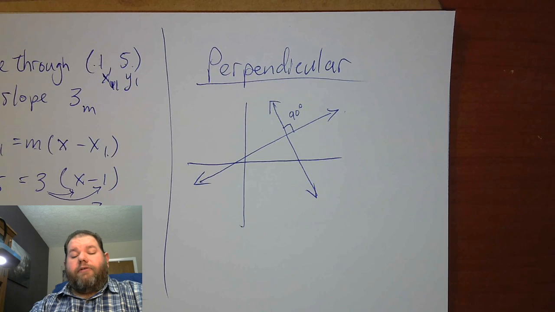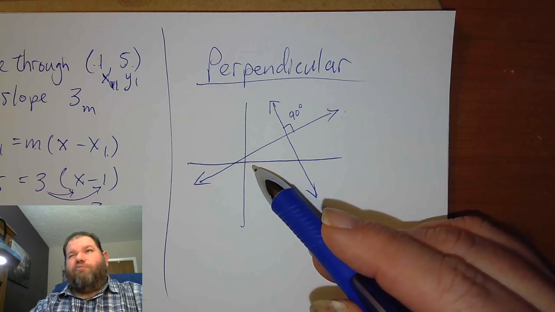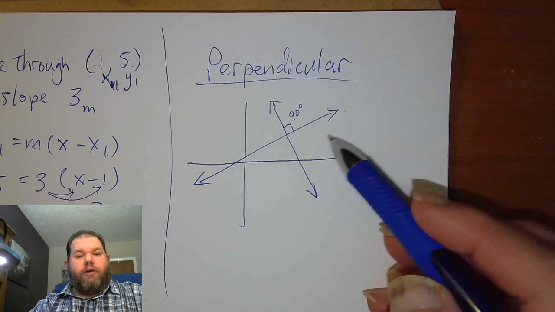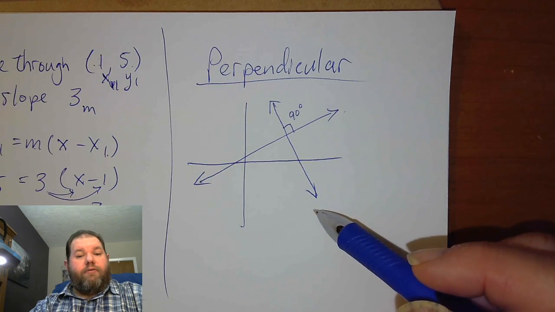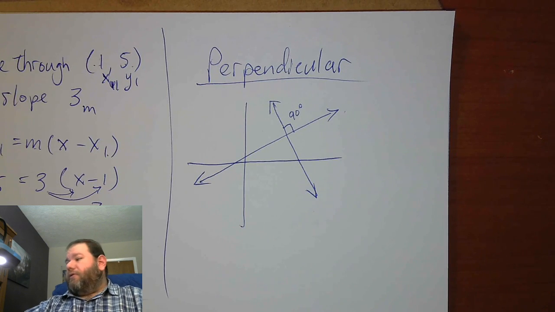Do the values of the slope look identical? What I'm saying is, do they have the same rise over run, but one's positive and the other's negative? Or do they even have different slopes altogether?